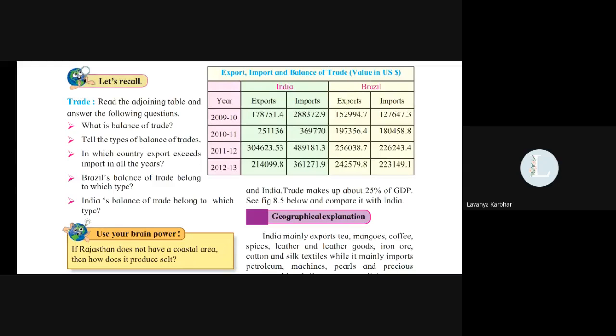It means India has less exports, but India imports more than Brazil. But Brazil exports more than it imports.